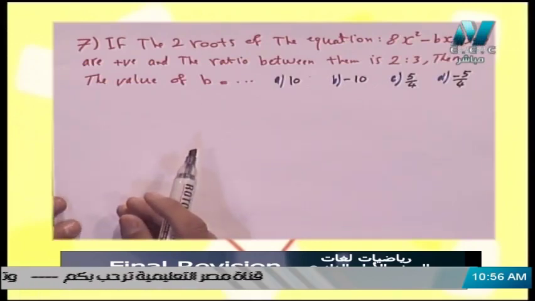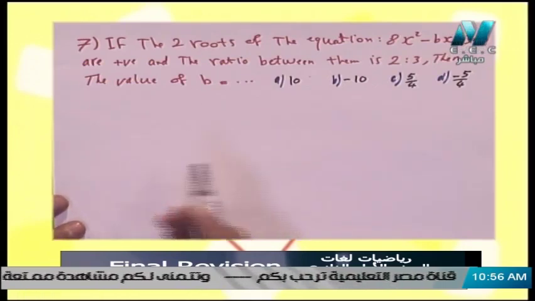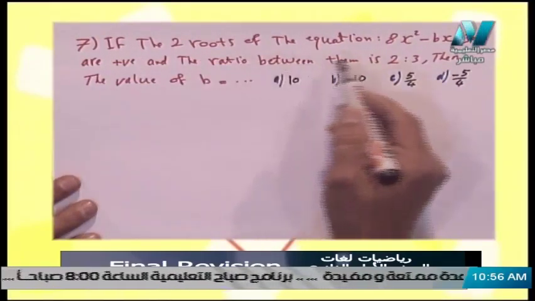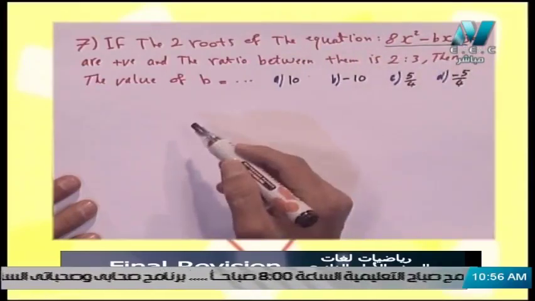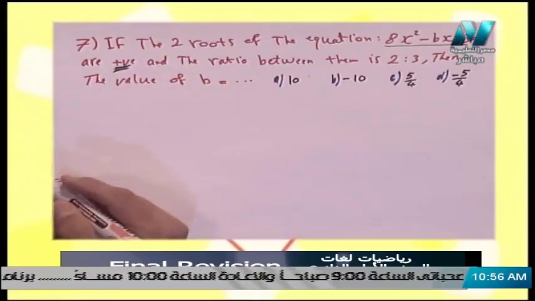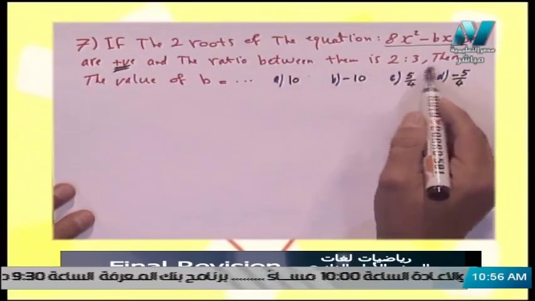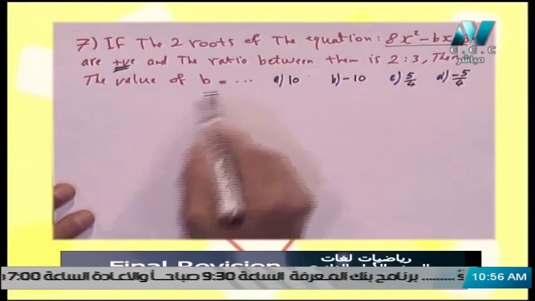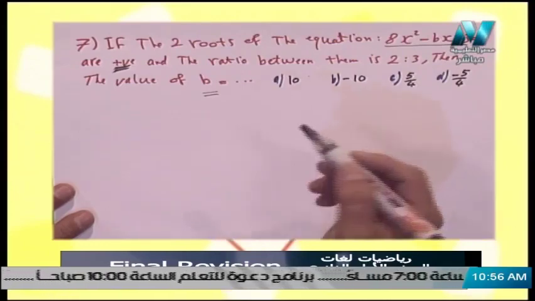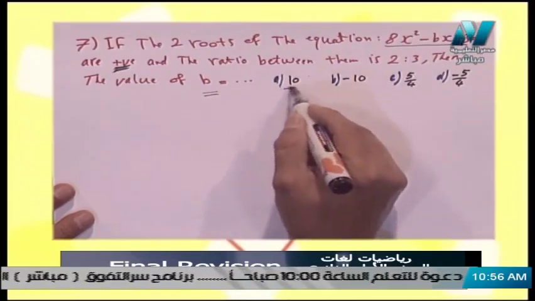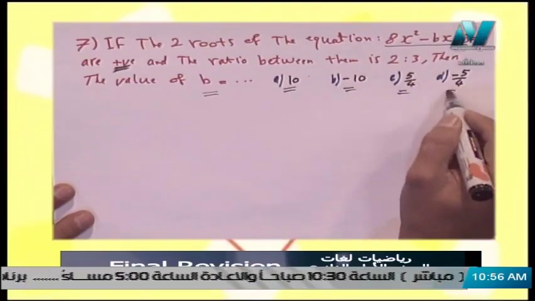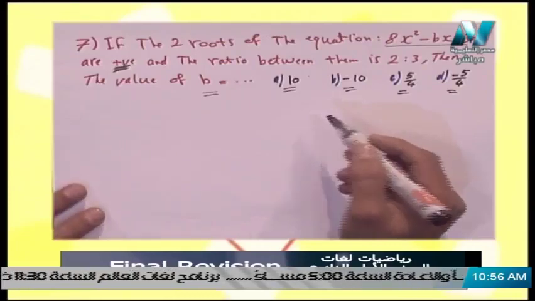We know that the product of the two roots here, if we have two roots of the equation 8x power 2 minus bx plus 3 equals 0 are positive, and the ratio between them is 2 to 3, then the value of b equals what from here? Okay, my dear students, we can try b equals 10 at the time, and negative 10, 5 over 4, negative 5 over 4. So the answer will be what?